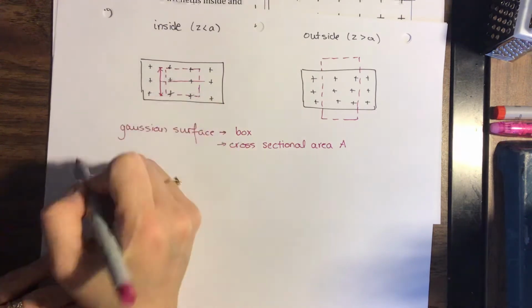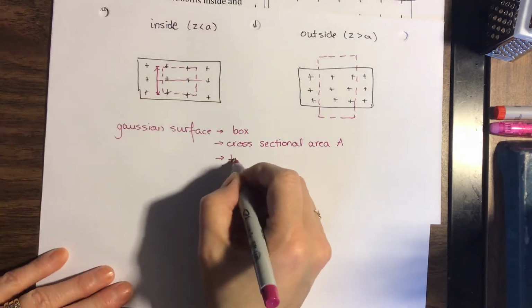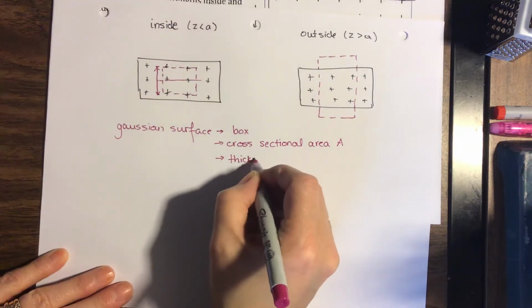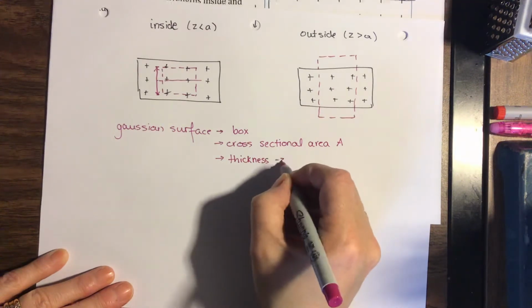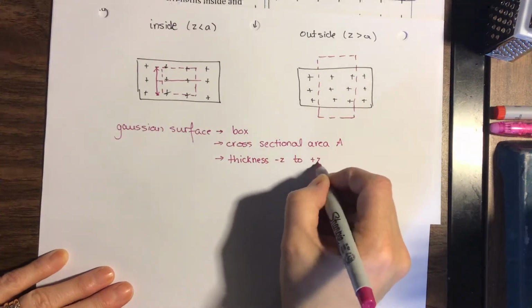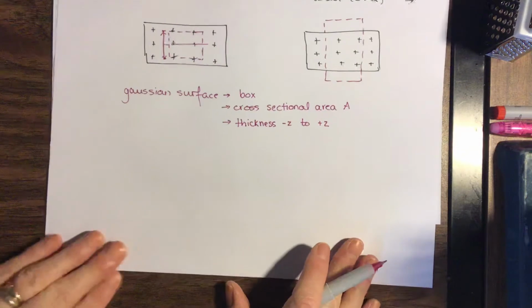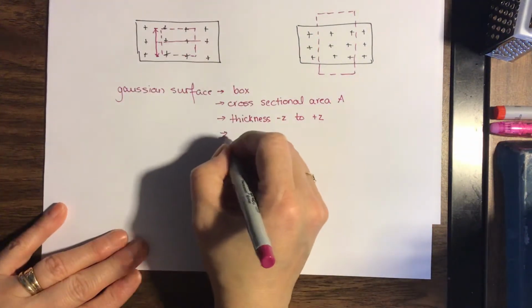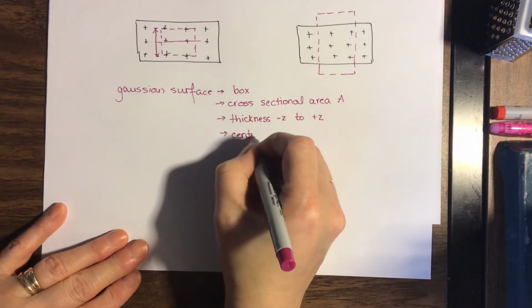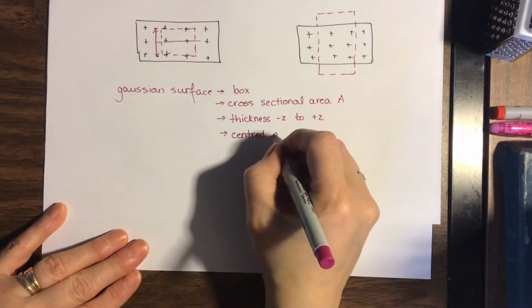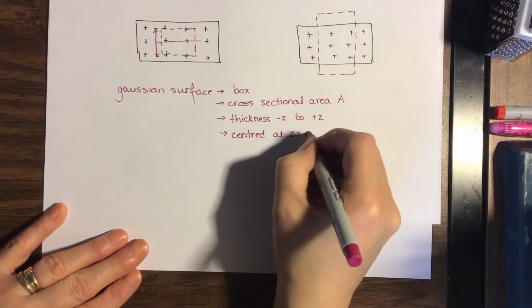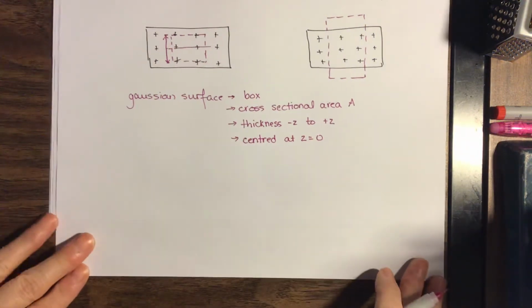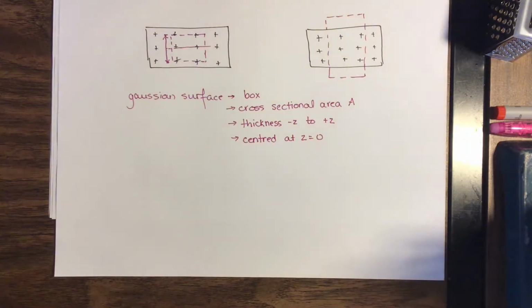So from minus Z to plus Z. And what else? Our Gaussian surface will be centered on Z equals 0. So symmetrical about the center. Okay, so there's lots of details about our Gaussian surface. It's the trickiest part, so it's kind of good to get the details written down.